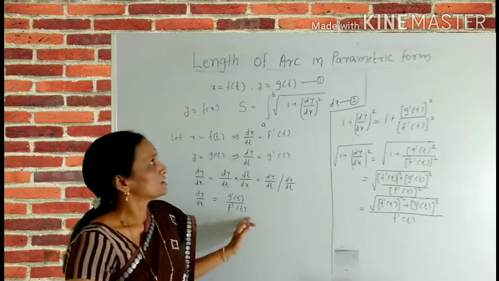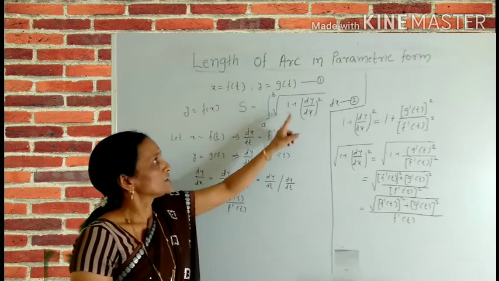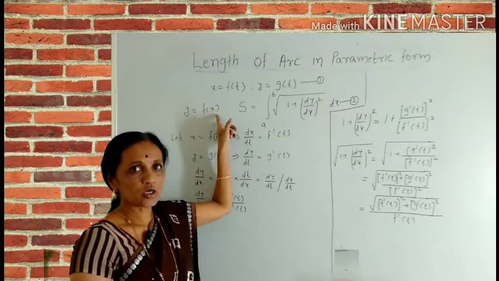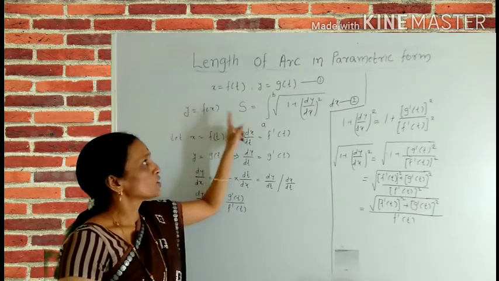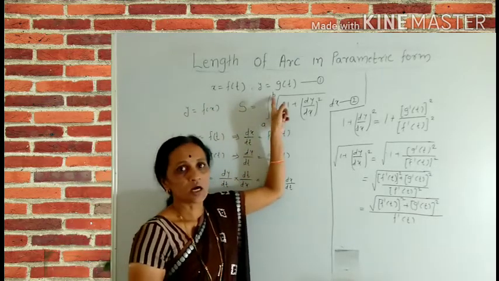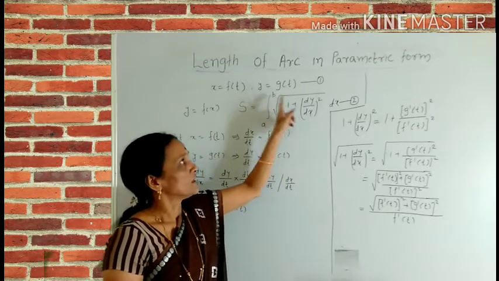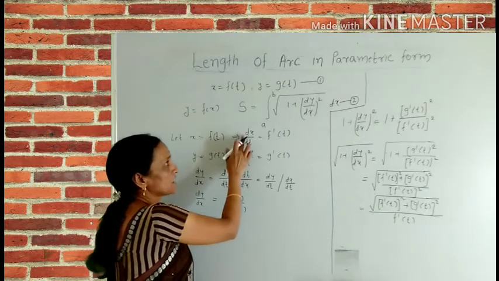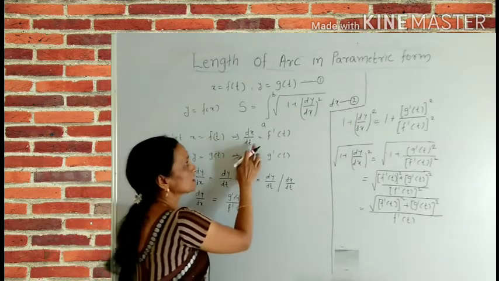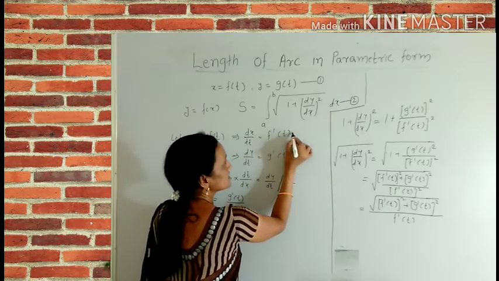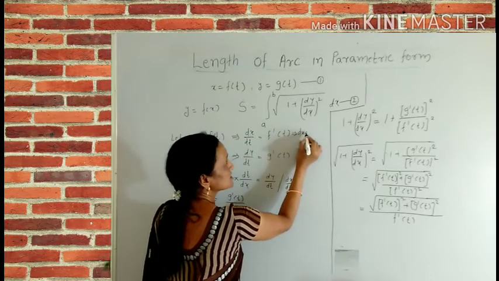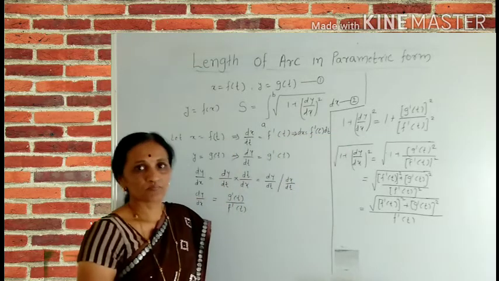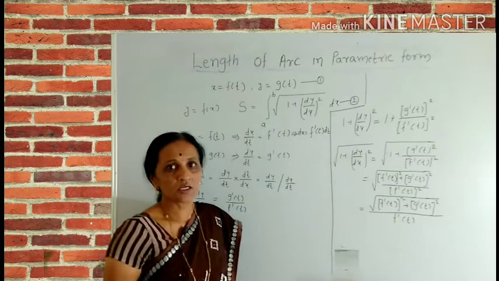Now, see your equation number 2. In equation number 2, the length of an arc in Cartesian form, where y is equal to f(x), a and b are the values of x. Here is the dx. So, using dx by dt, we write the value of dx, and this implies dx is equal to f dash t multiplied by dt.